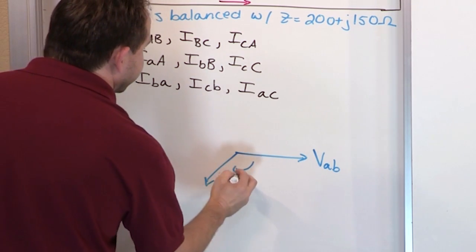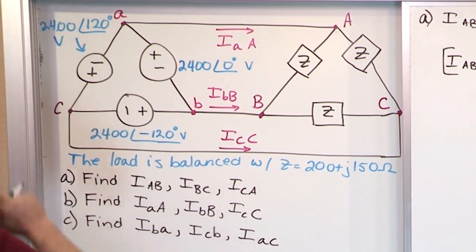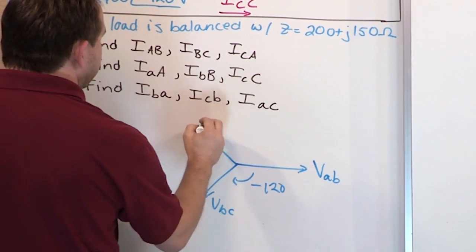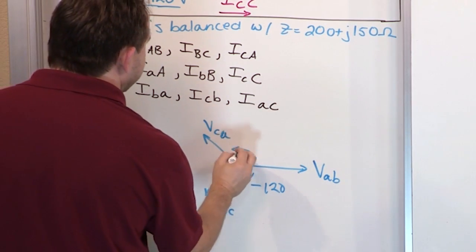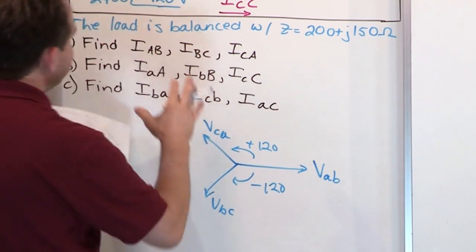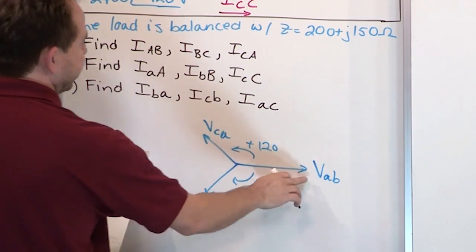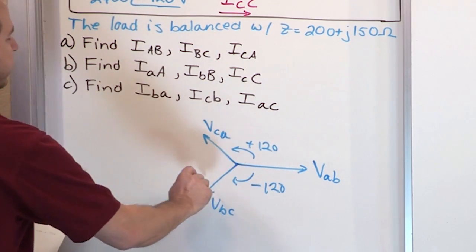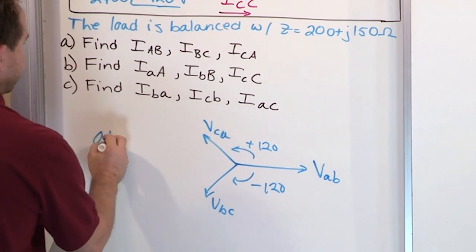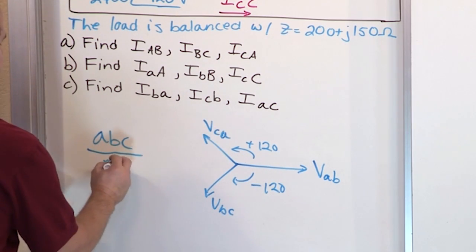And the C phase goes between A and C, so we'll call it CA, and that's at positive 120. So you have to look at each phase and label them so that we know this one is negative 120, this one's positive 120, and to read the phase sequence, we start here and go around. So it's an A, B, C phase sequence, so it's a positive phase sequence.